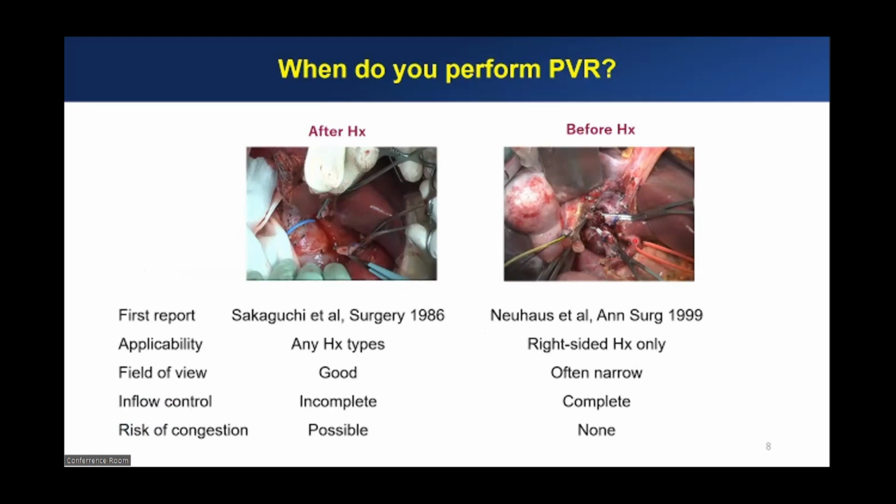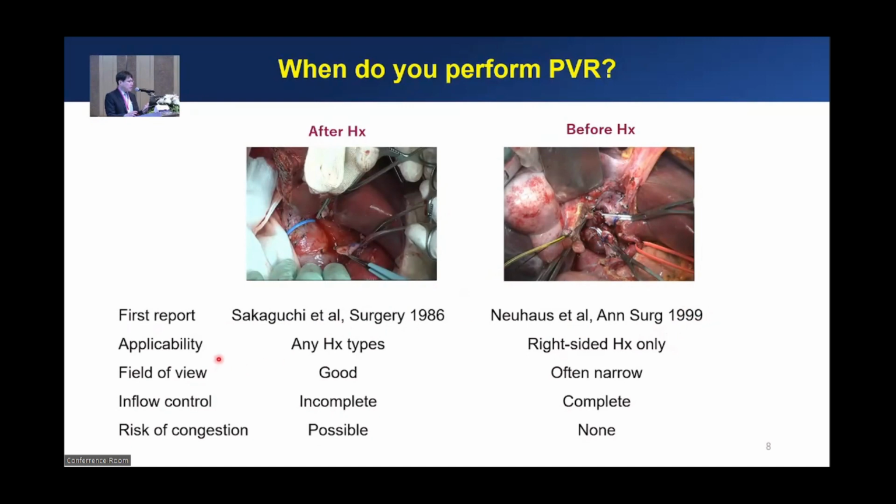This is another case. During the preparation of the hilar dissection, in this step, we perform the portal vein resection and reconstruction. This technique was first reported by Sakaguchi in 1986, and Professor Neuhaus, a famous German doctor, in 1992.